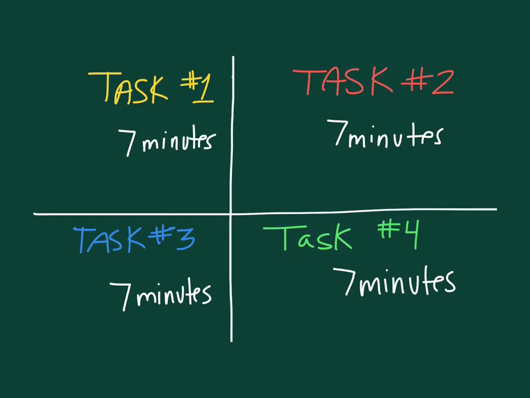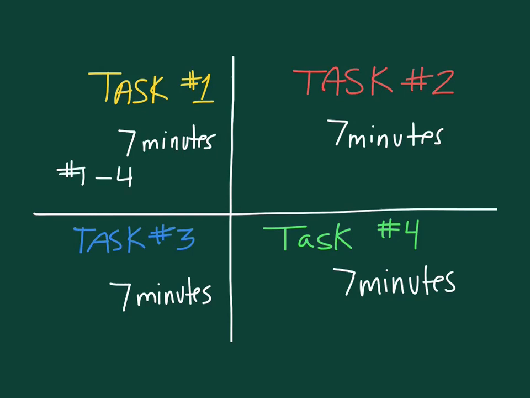After you've divided your notebook into 4 sections, you're going to want to turn to page 32 in the binder, and you're going to want to spend your first 7 minutes on task number 1, which is part A. In that task number 1 box, you're going to write your answers to numbers 1 through 4.